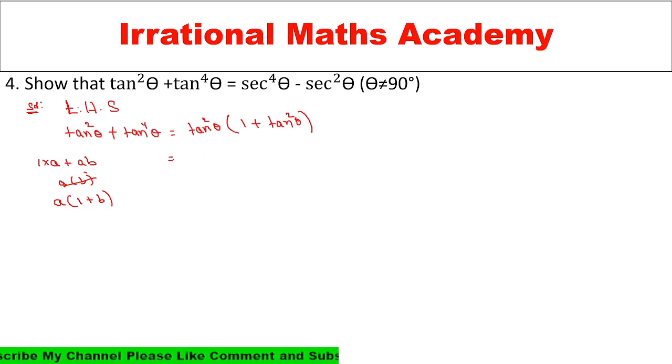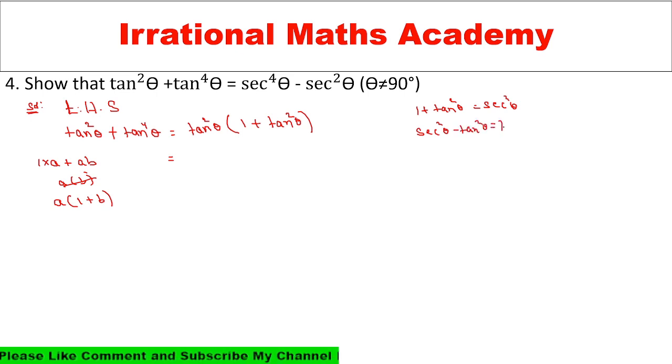Now here they asked in terms of secant. For that, I need to remember this identity: 1 plus tan square theta equal to secant square theta, or you can write this as secant square theta minus tan square theta equal to 1.